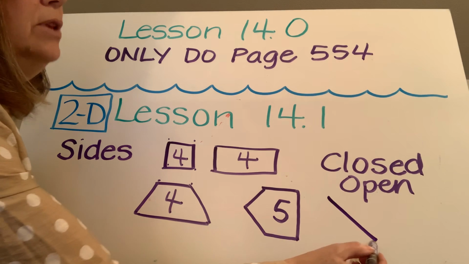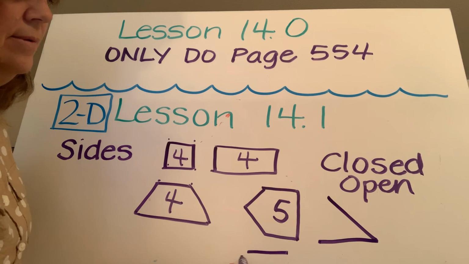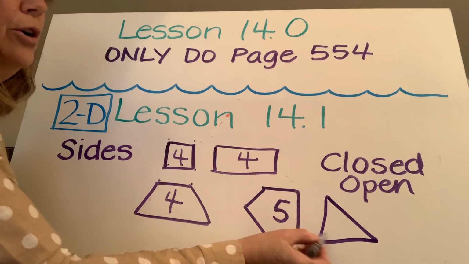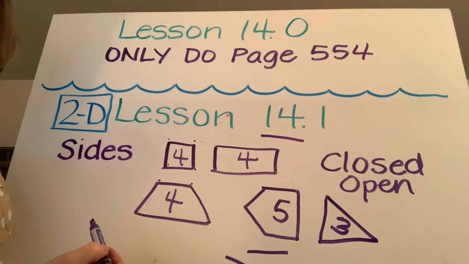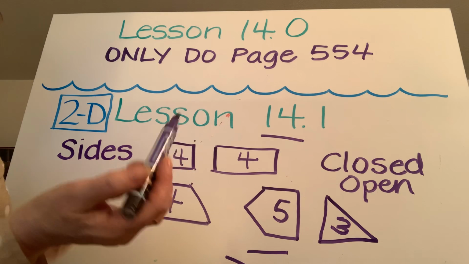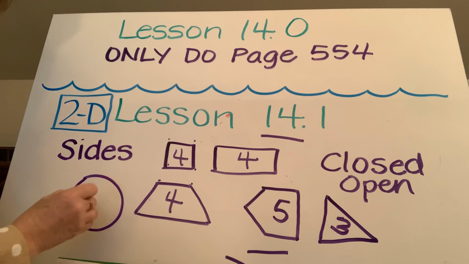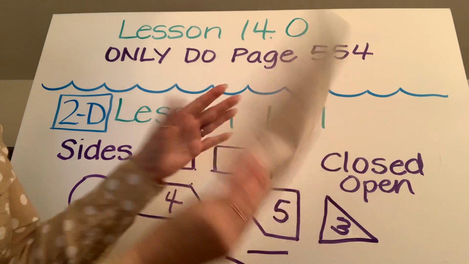If I had 2 lines, there's no way I can connect 2 lines. They have to be connected. And it takes a 3rd line to connect. So, can't have a 1, can't have a 2, but I can have a 3, 4, and all the way up as far as you can count. A circle is actually a 0, middle of a donut, no straight sides.